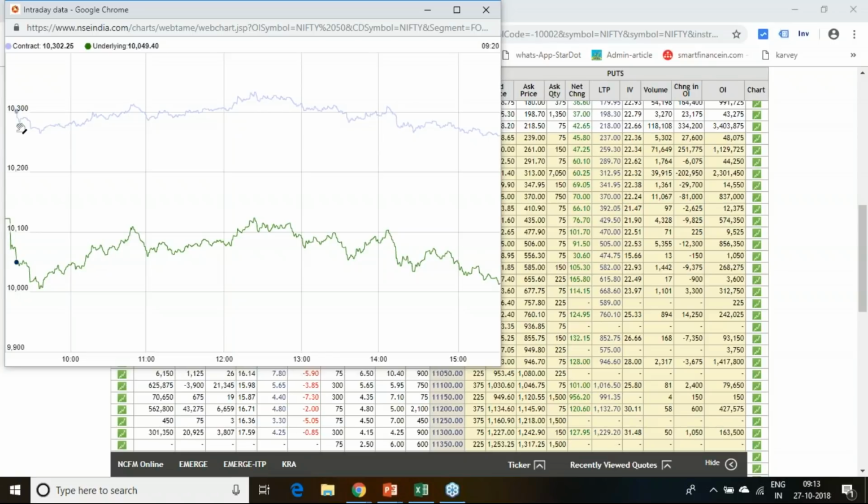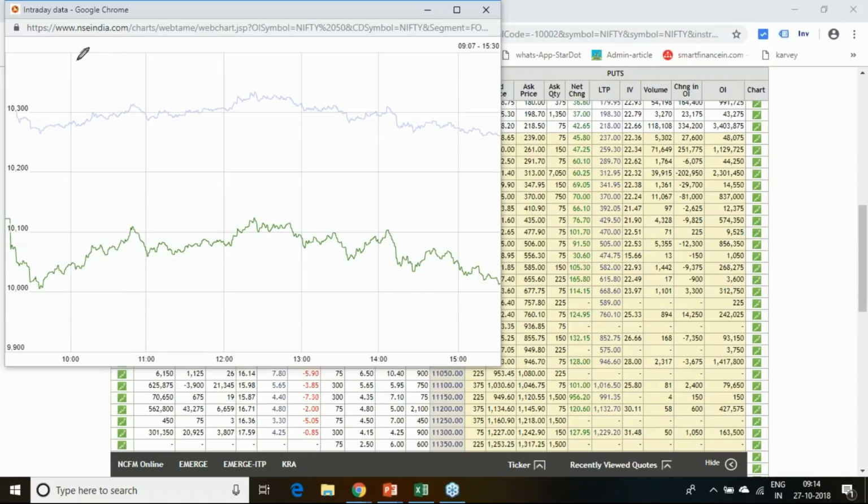The contract at 9:20 is 10,302 rupees and 25 paisa. Which strike call option? The 10,000 strike call option. So if I take 10,302.25 minus the strike 10,000.